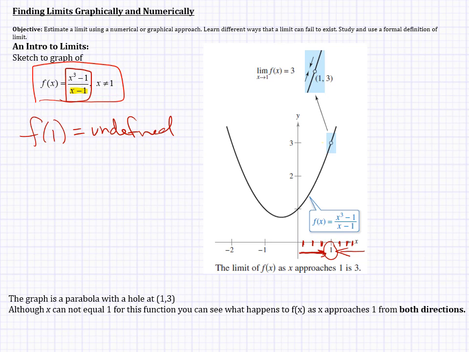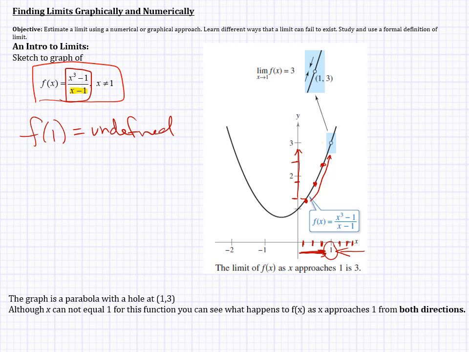This x value would go onto the graph here, which would correspond to this particular y value. This x value would match up with the graph here, which would have this particular y value. This x value would go on the graph here, which has this y value, which essentially, as I move close to this x value, has me moving up the graph this way, and the y value is moving up that way.